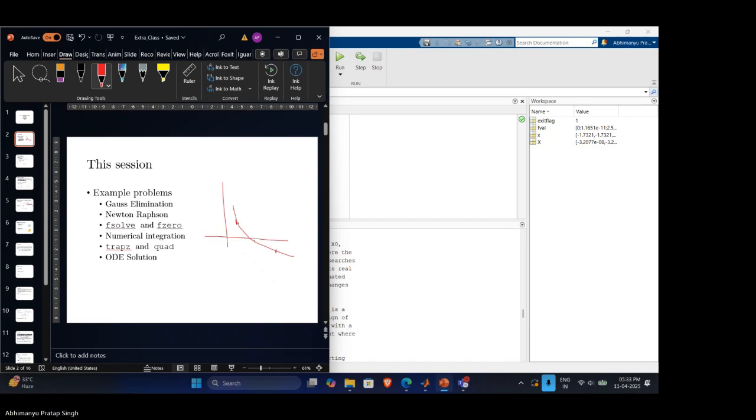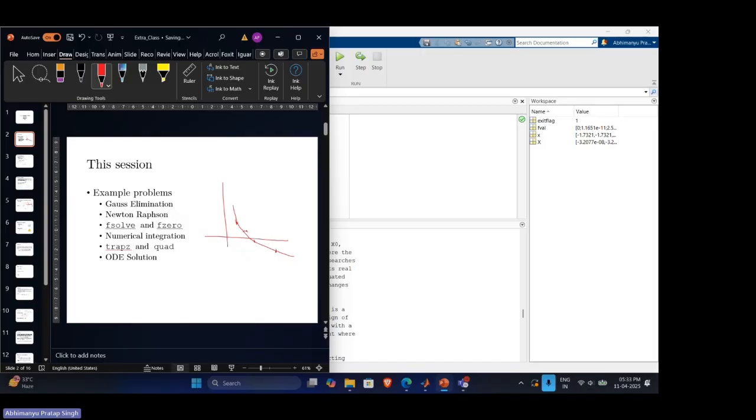Okay, so I start with this point and this point, and then this middle point. I can see that the multiplication of these two values would be less than 0, which means the solution is between these 2 points. So I change this point with this point, and now I calculate the midpoint, which would be somewhere over here.